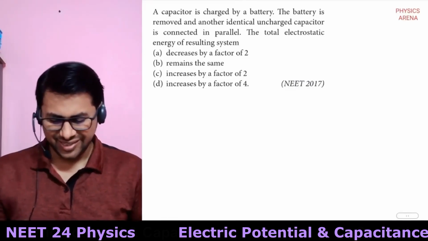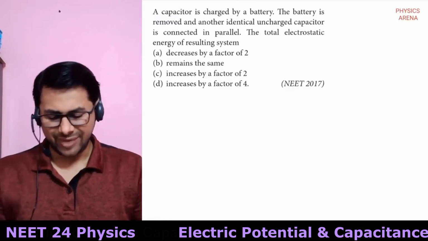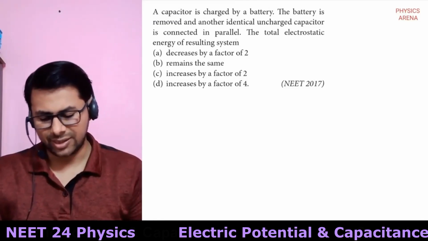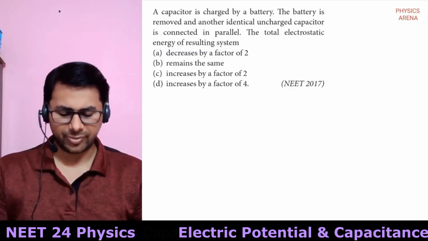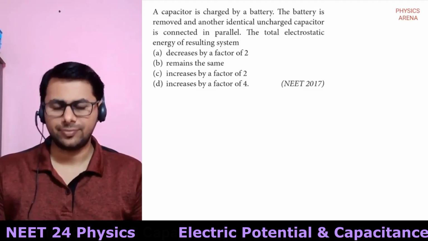Okay, let's see the next one. A capacitor is charged by a battery. The battery is removed and another identical capacitor is connected in parallel. The total electrostatic energy of the resulting system. We have solved this.